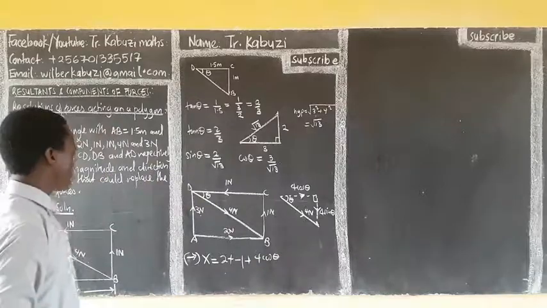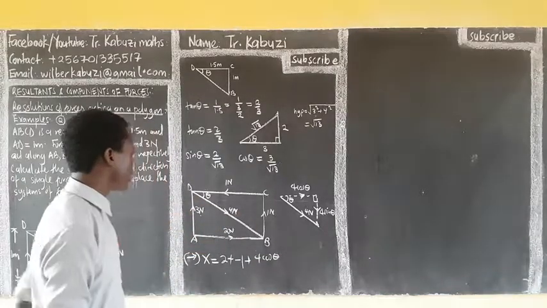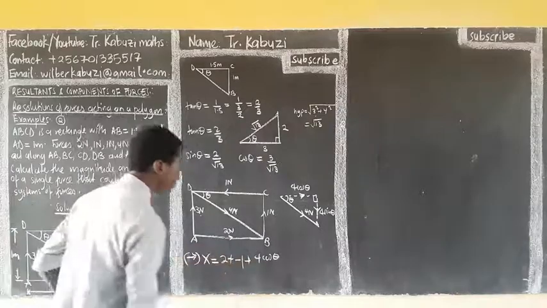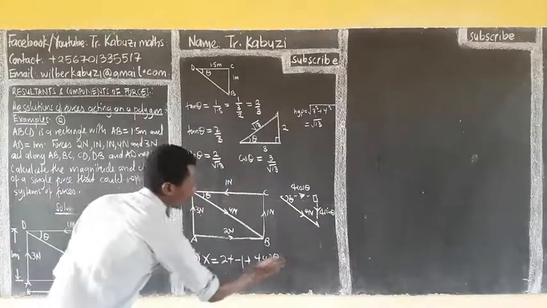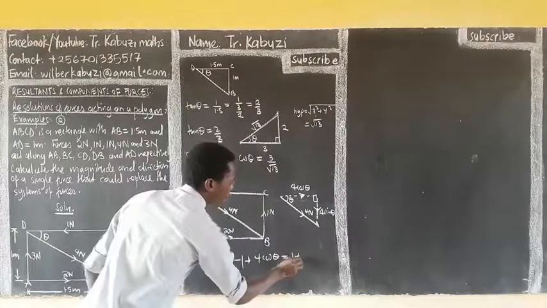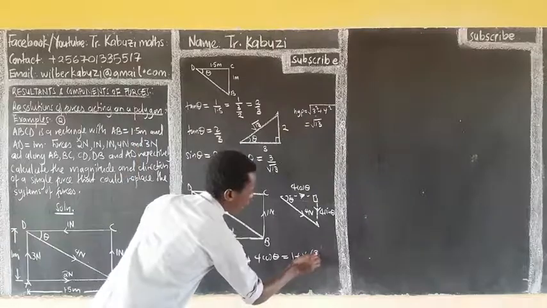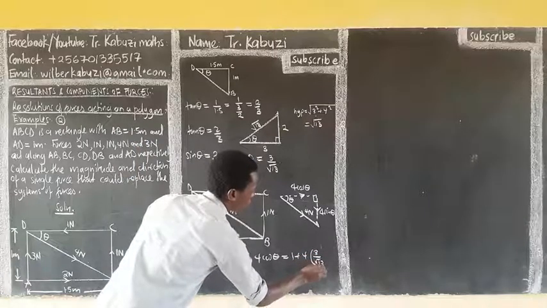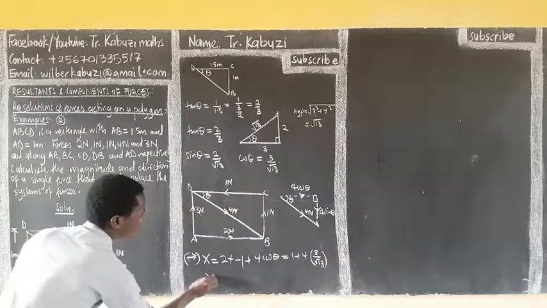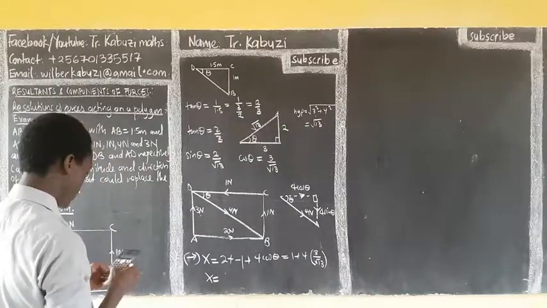In the other force, we have this one which is opposing, but we have this, which will be 1. Because this is giving us 1 plus 4, but now our cos theta was 3 over root 13. So we come here and we get our x there.